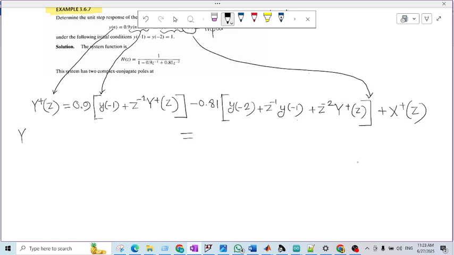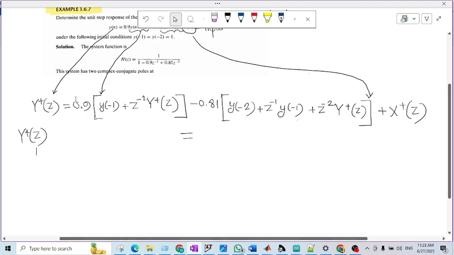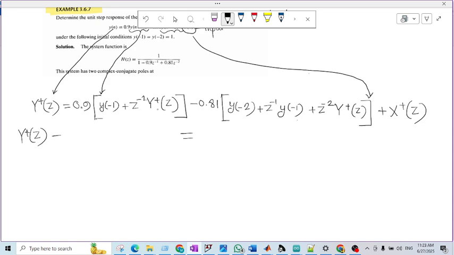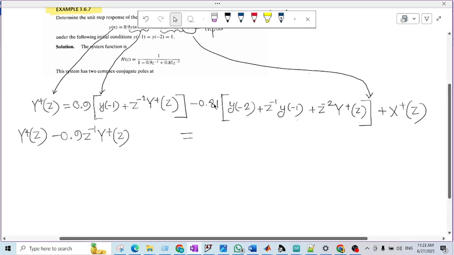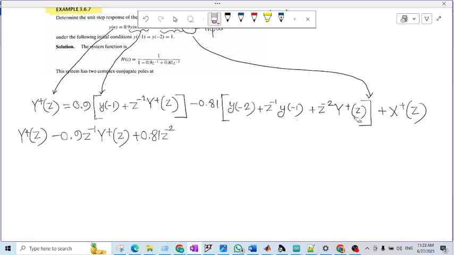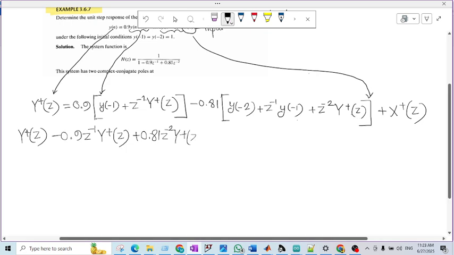So let's first write Y plus (z), and then let's take this 0.9 z inverse 1 Y plus (z) to the left, so minus 0.9 z inverse 1 Y plus (z), and then let's take 0.81 z inverse 2 Y to the left hand side. So we will get it like this.